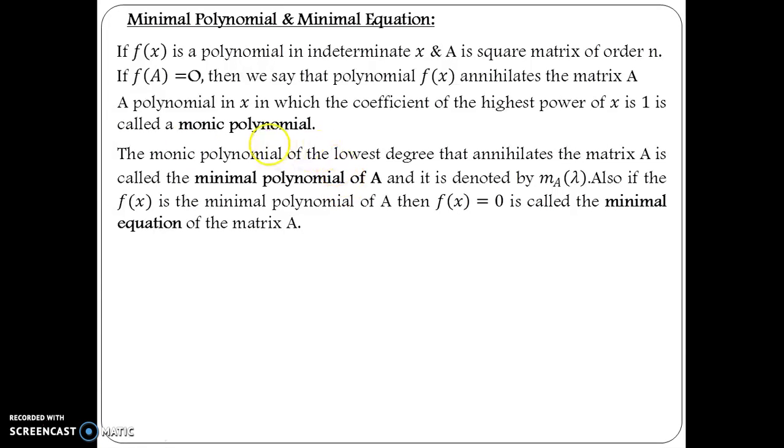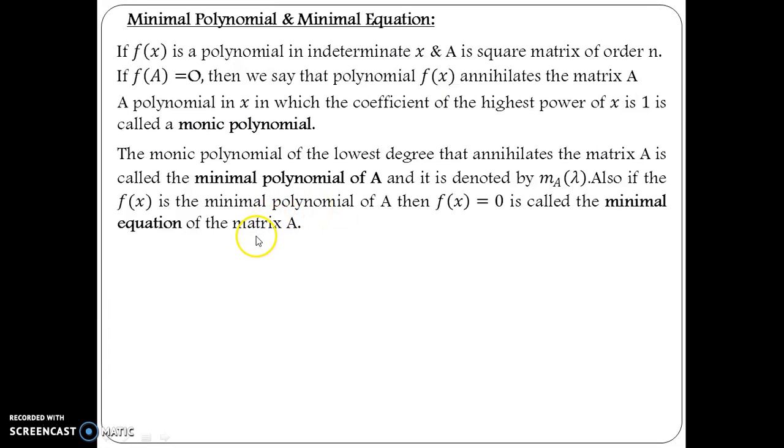So there are three things required for a minimal polynomial of a matrix A, and we denote that minimal polynomial by M_A(lambda), similar to CH_A(lambda). Also, if f(x) is the minimal polynomial of A, then f(x) = 0 is called the minimal equation of the matrix A, similar to what we had seen in the characteristic equation.